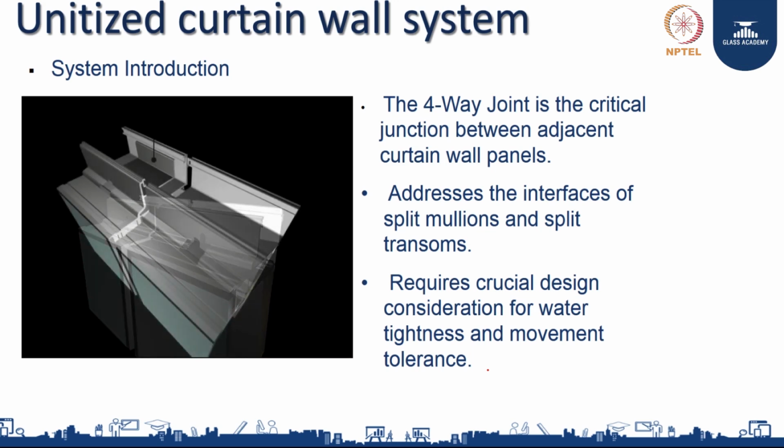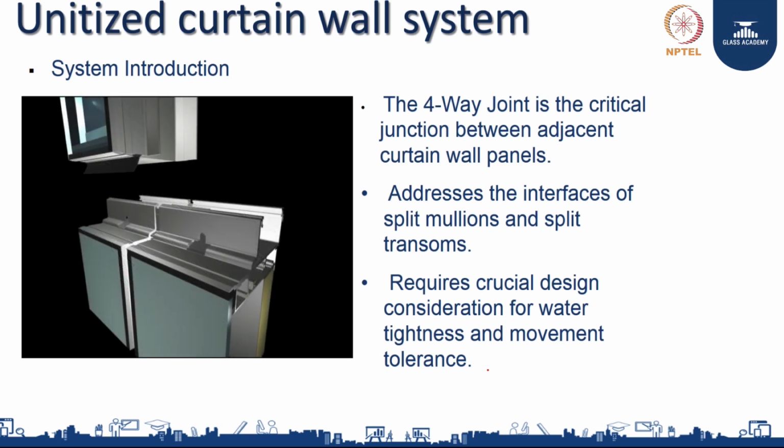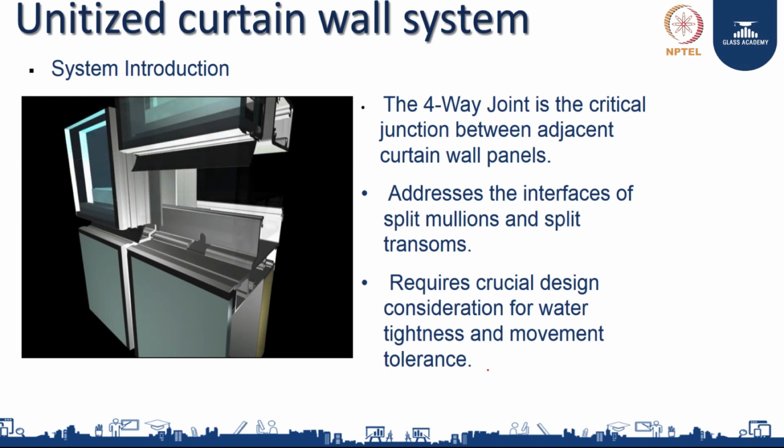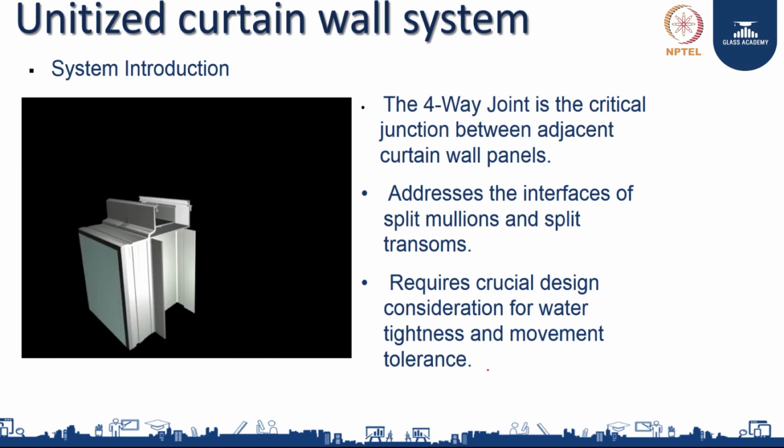If you see, there are 2 panels which put together by means. Now they are creating a 4-way joint. So it's a simple simulation to show how panels are put together. Like example, this one panel, imagine floor to floor.